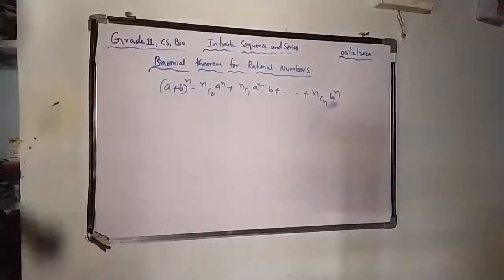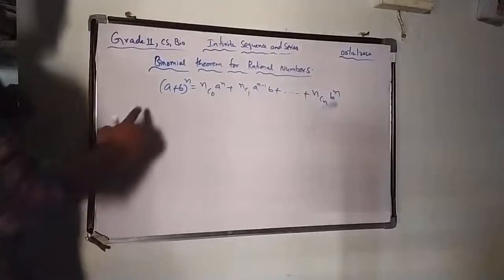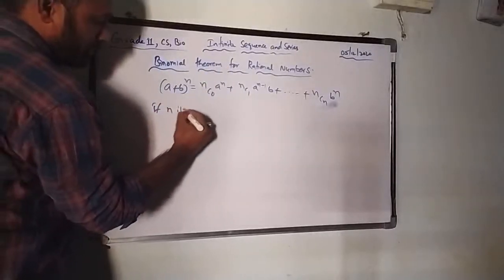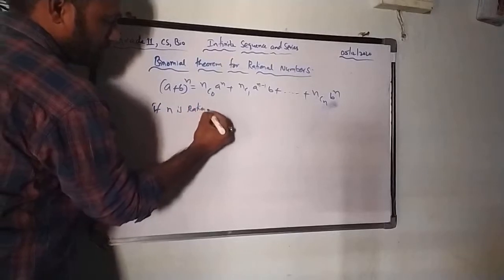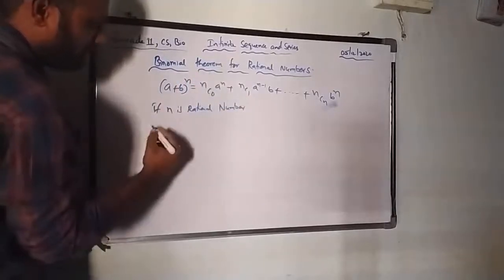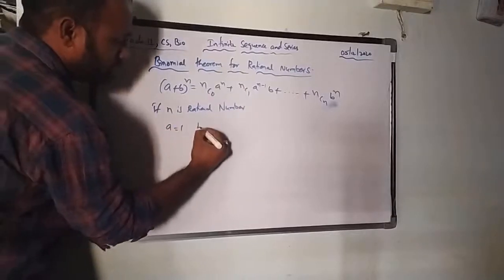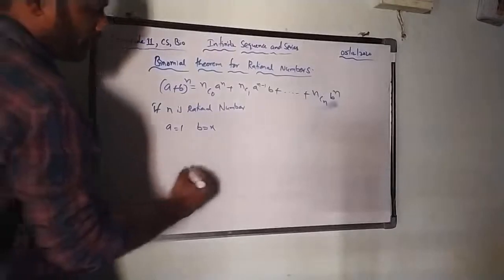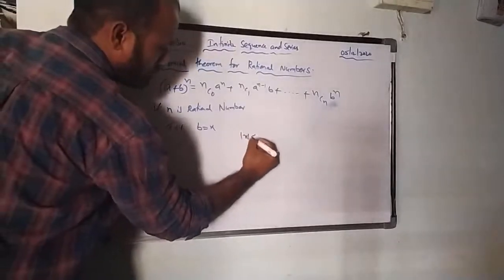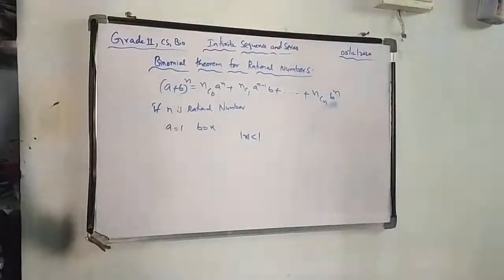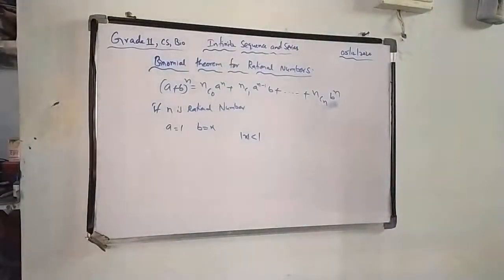This is the binomial theorem. But if n is a rational number, and a is equal to 1 and b is equal to x, and moreover mod x should always be less than 1.